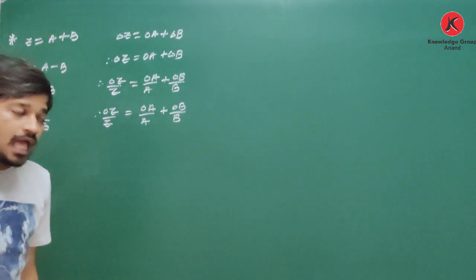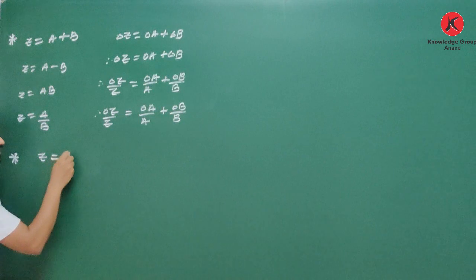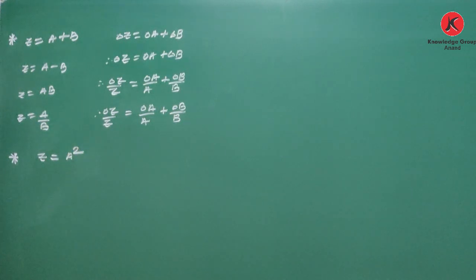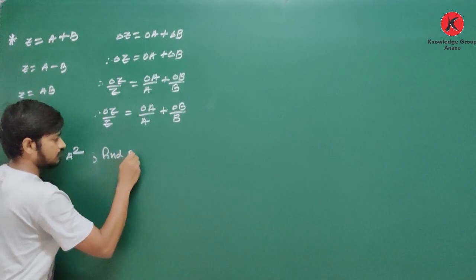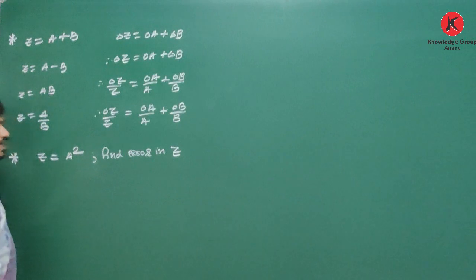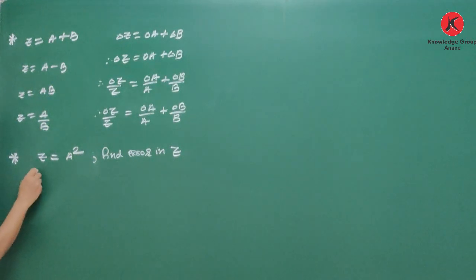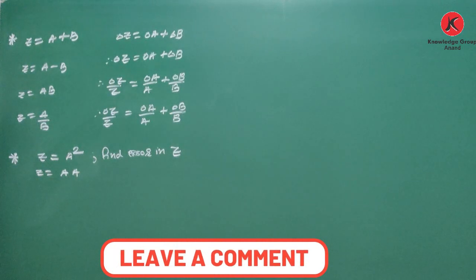Now, if I have one physical quantity like this, if Z is equal to A square, then how to find the error in Z? See, I can write this term as Z is equal to A into A. Yes or no?